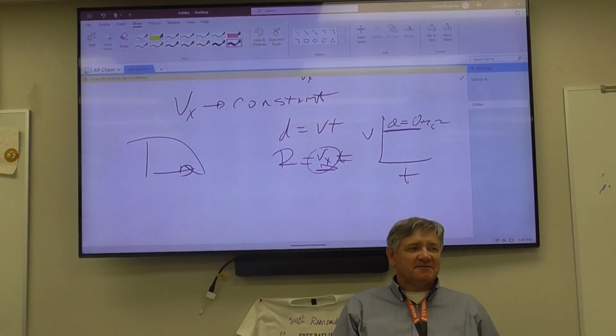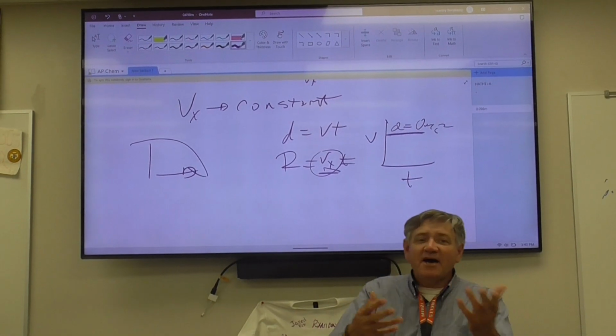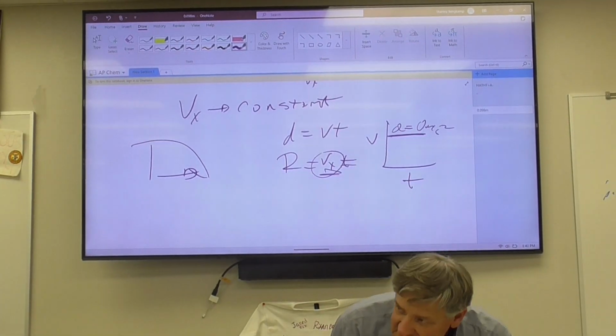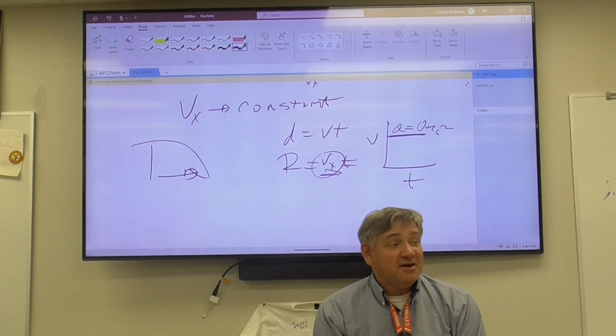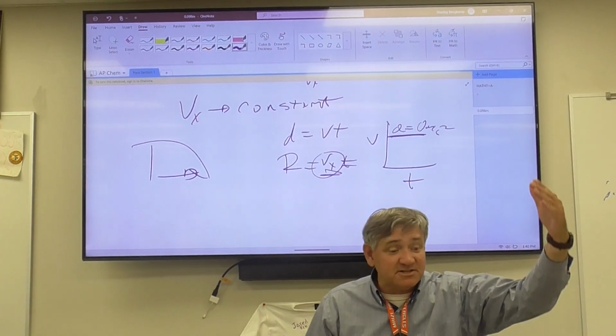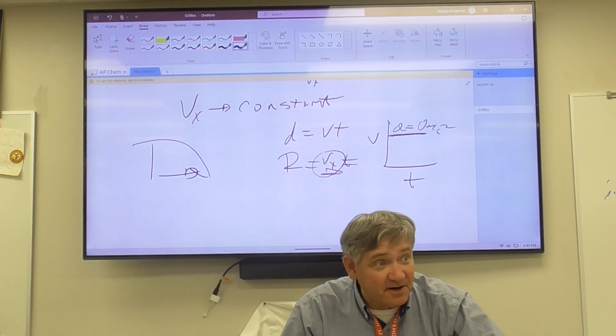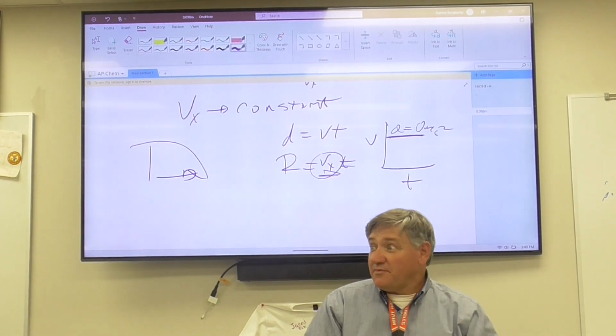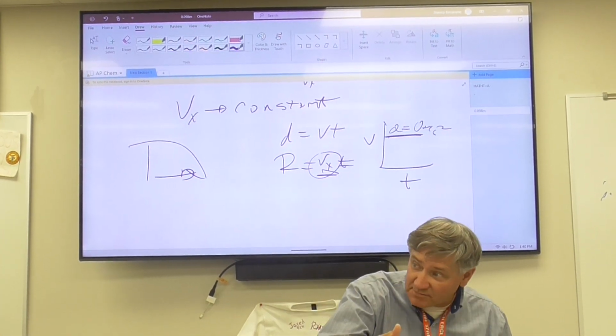Connor S. None. There aren't any. It's left my hands. There are no forces acting in the x direction. Okay? So without a force in the x direction, what's your acceleration? Connor S. 0. Okay? That's why it maintains that constant horizontal velocity.